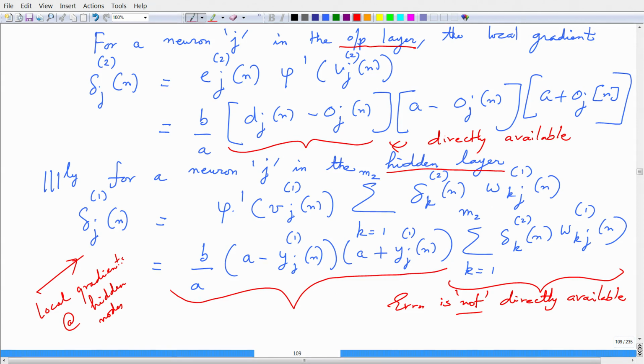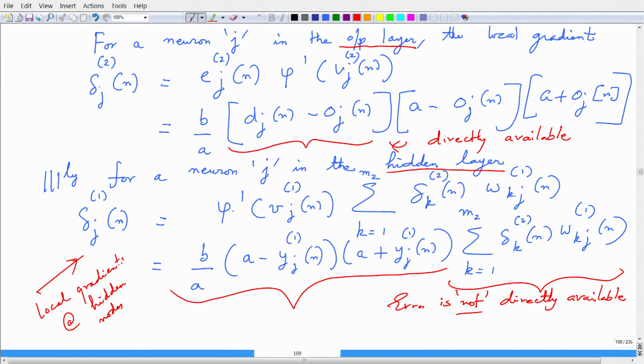Now all these steps are straightforward and clear, because if you want to compute delta j in layer 1, you need to compute delta k in layer 2. You see how there is dependency across layers, right. If you do not have a handle on the local gradient for a node in the output layer, you cannot compute the local gradient for a node in the hidden layers.